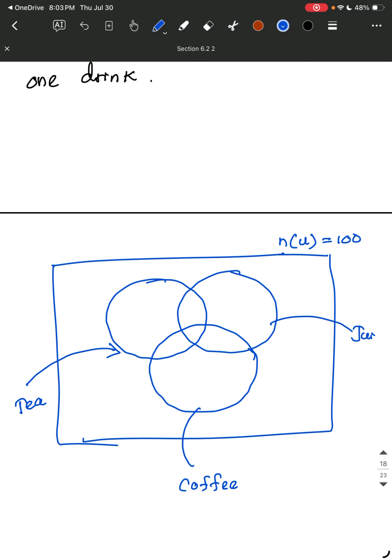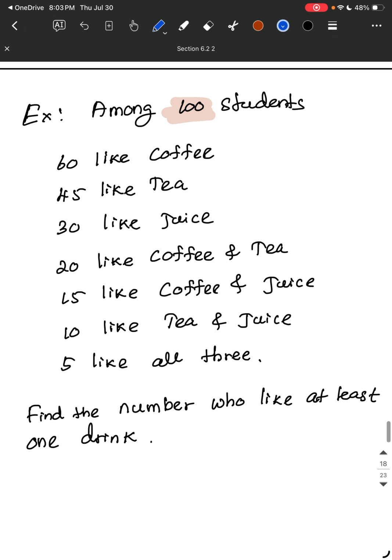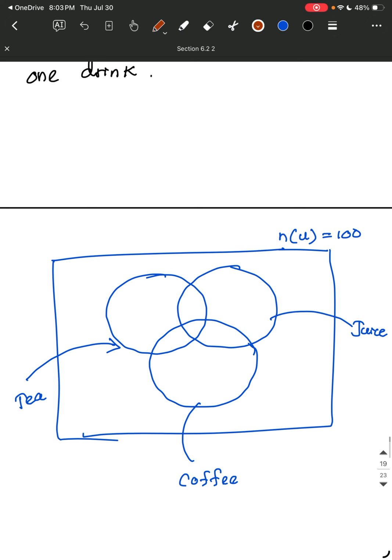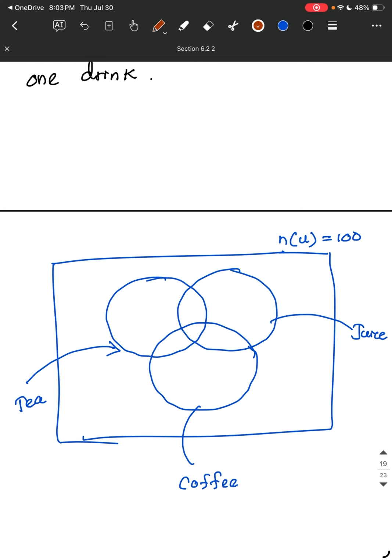Okay, the question says among 100 students, 60 like coffee. So that means this entire circle, this space, this space, this space, this space, all 4 spaces, the total of all 4 spaces equals 60. Also, 45 like tea.